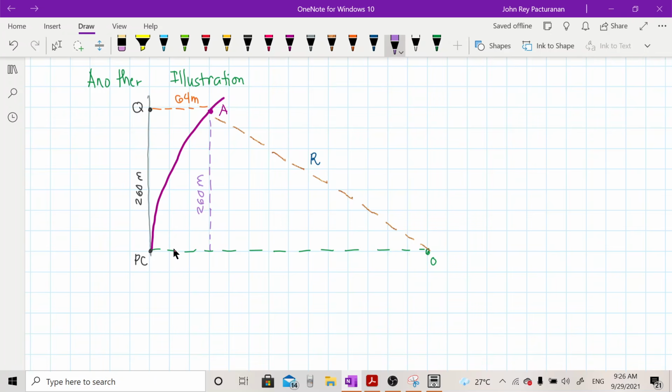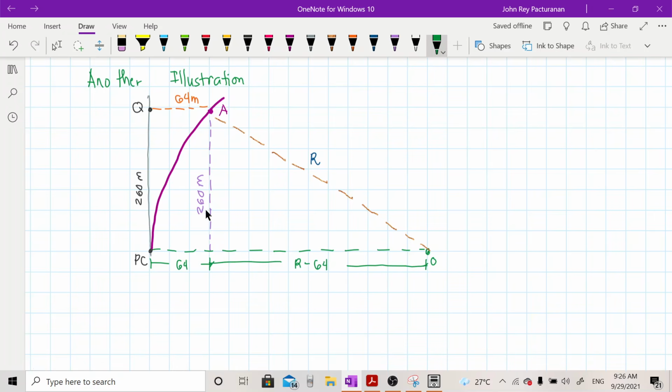And of course, itong green na to, this is still the radius of the curve. So, therefore, itong portion na to, alam ko 64 ito. But here, this will be R minus 64 yang bahagi na yan.